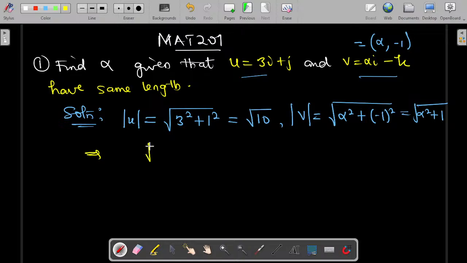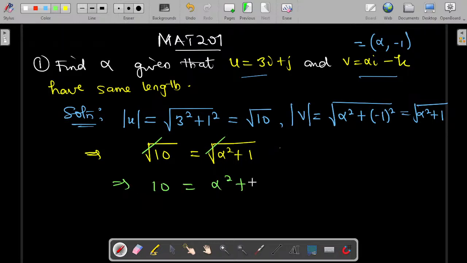That means the square root of 10 is equal to the square root of alpha squared plus 1. And what will that do for us? Watch it. The square root will cancel the square root, and so you are going to have that 10 is equal to alpha squared plus 1.